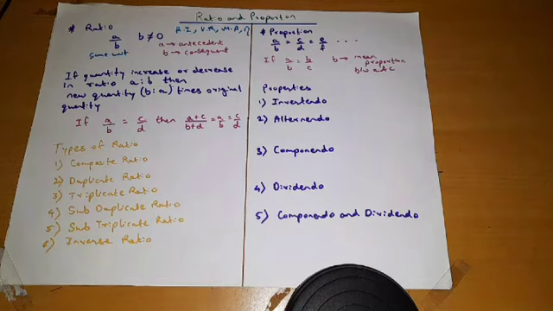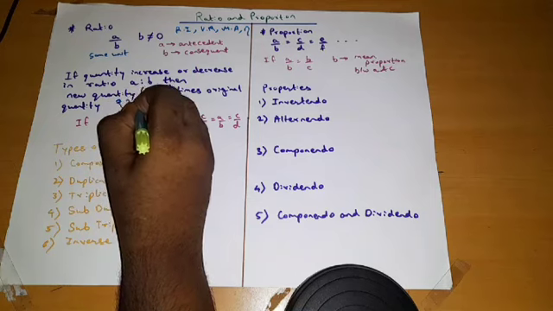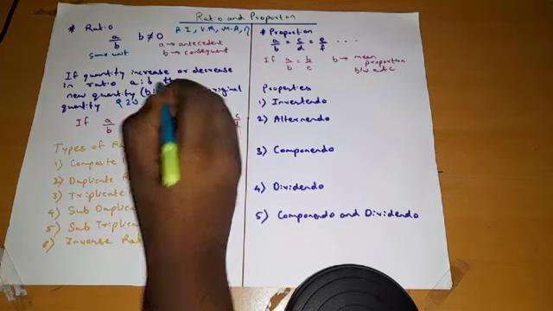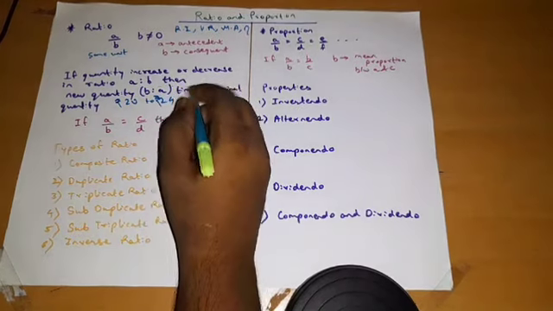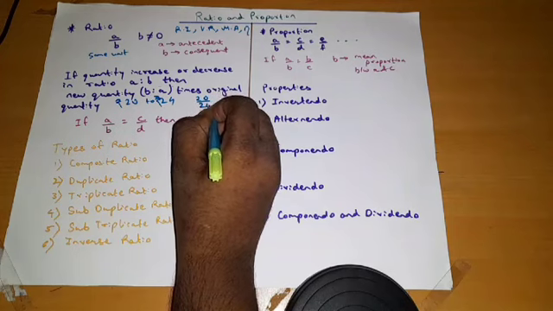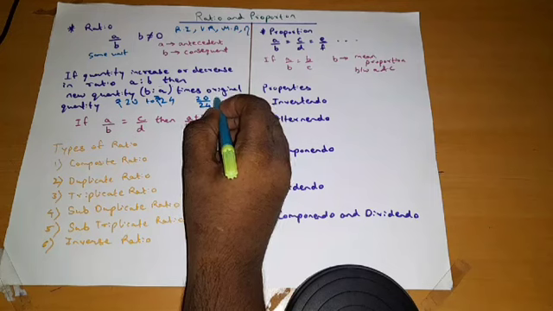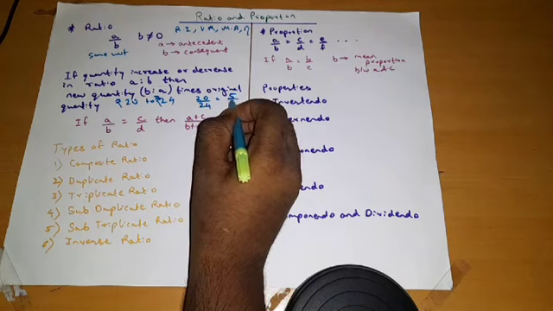Let's say the price of a quantity increases from rupees 20 to 24. Then what will be the increase in ratio? The increase in ratio will be 20 by 24. 4 fives are 20, 4 sixes are 24.